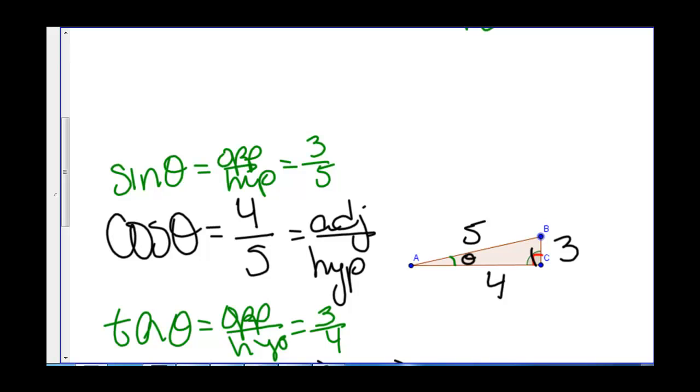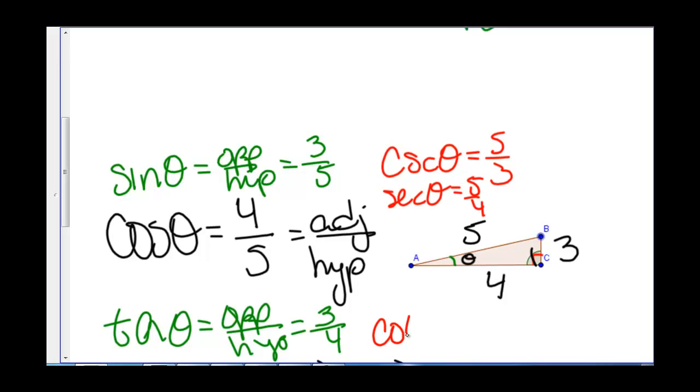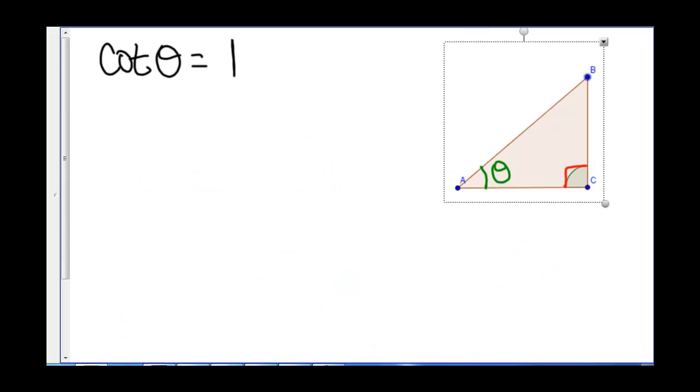And then for cosecant, we have hypotenuse over opposite, 5 over 3. Secant, we have hypotenuse over adjacent, so 5 over 4. And cotangent of theta, we have adjacent over opposite, which is 4 over 3.